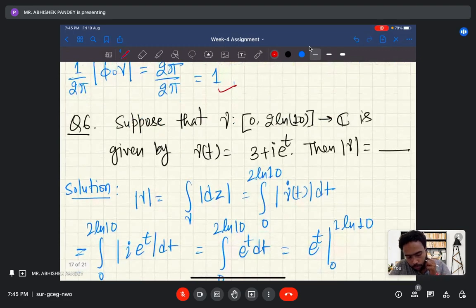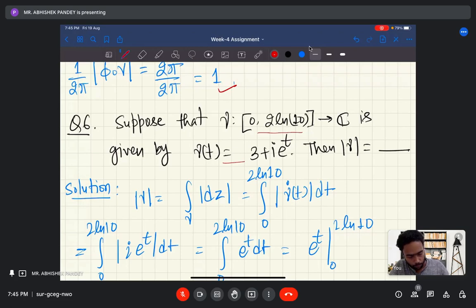Before going to solve question number 5, let us look at question number 6. Basically, gamma is defined on this interval to C given by this. So we need to find the length of gamma.